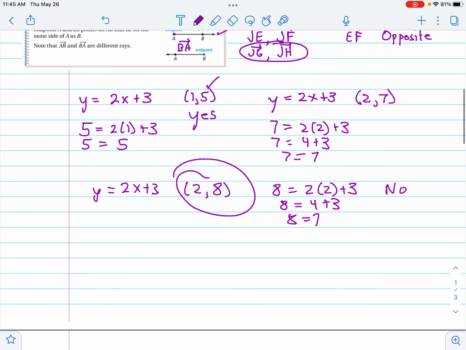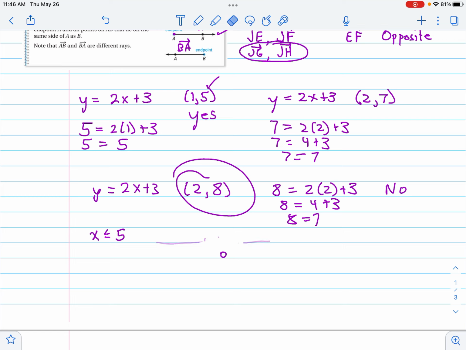Now, another thing. Remember back years ago, you worked with number lines, and you were asked to represent things like this. Let's suppose you've got x less than or equal to 5, and you want to represent that on a number line. Okay, so here is a 0.